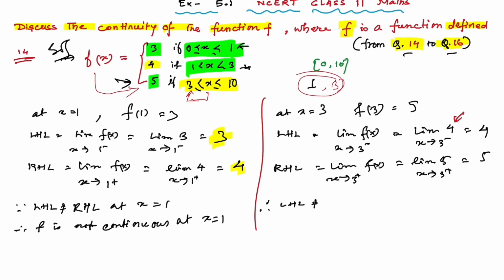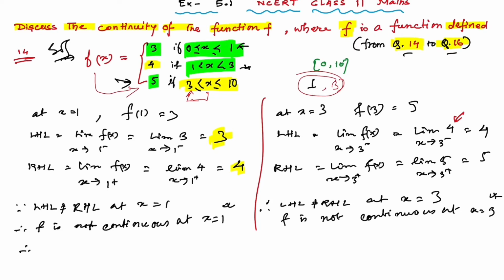So since LHL is not equal to RHL at x is equal to 3, f is not continuous at x is equal to 3. Therefore, these two are the points of discontinuity. That means other than these two points, at all the points in its domain, it will be continuous.